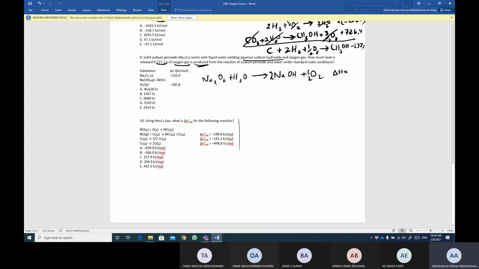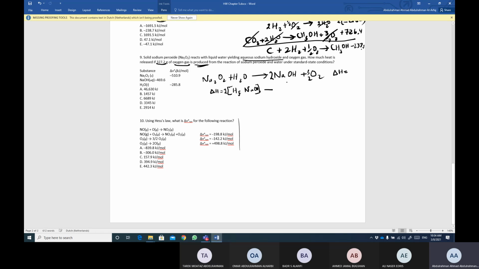Okay, delta H is the summation of heat formation of products minus reactants. 2 times heat formation of NaOH. O2, I don't care about it.